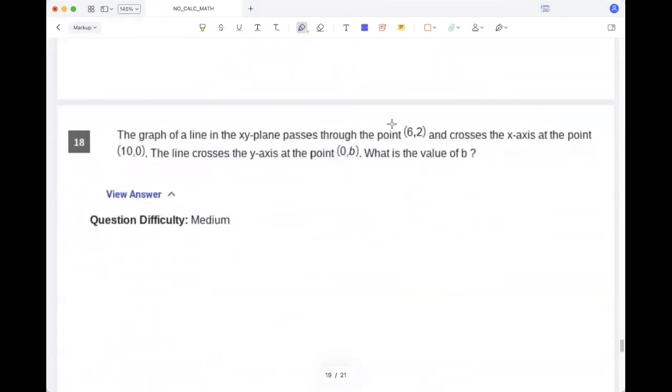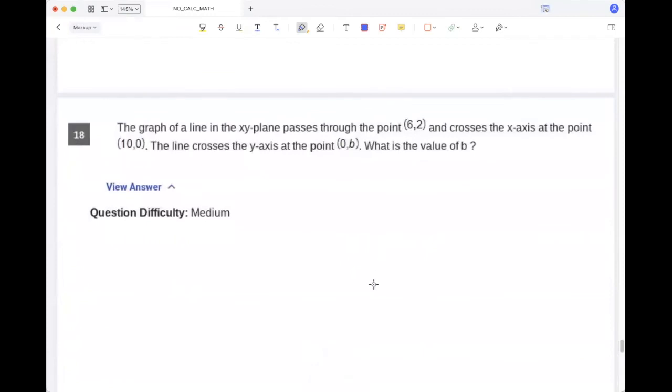The graph of a line in the xy plane passes through the point (6, 2) and crosses the x-axis at the point (10, 0). The line crosses the y-axis at the point (0, b). What is the value of b? Okay. So the slope of this would be, I'm using (6, 2) as (x1, y1) and (10, 0) as (x2, y2), so this would be minus 2 by 4.